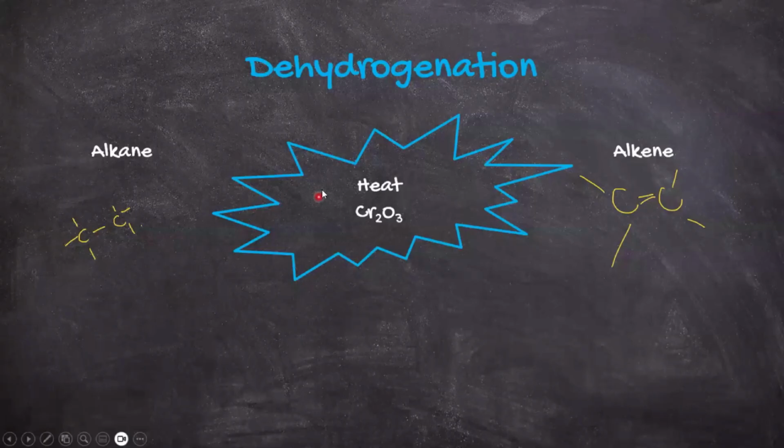I'm not going to go into the mechanics of how chromium oxide moves this reaction, but it's a catalyst. So these are the two conditions. To go from an alkane to an alkene by closing up the legs of the table, as it were, you are going to use chromium oxide and heat this. Are we happy with that? So we're happy with forward, ethene to ethane, and we're happy with backwards, ethane to ethene.